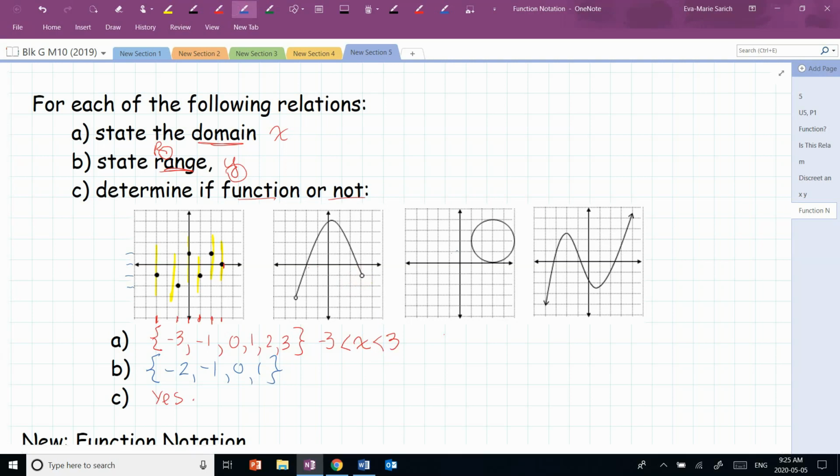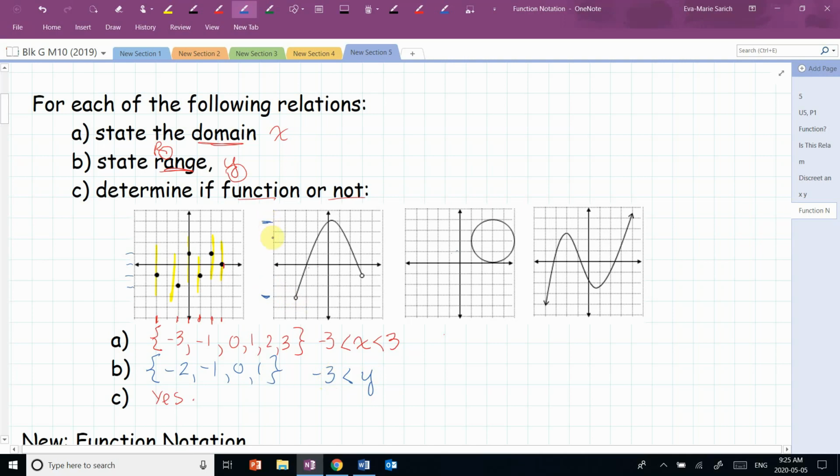For our range, we're looking at going from the lowest value to the highest value. So our lowest value is down at -3. And again, it's not equal to, so y is going to be greater than that -3.